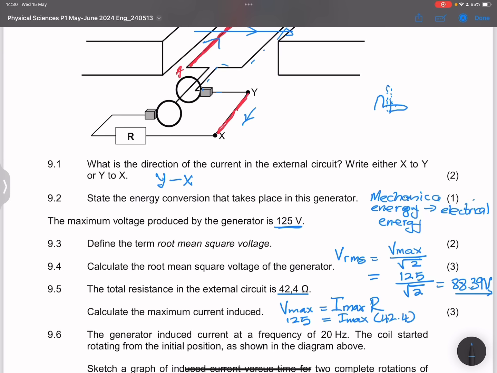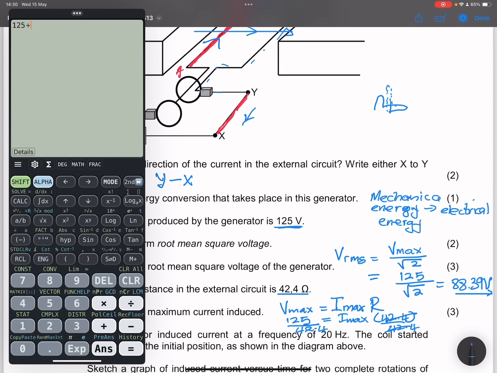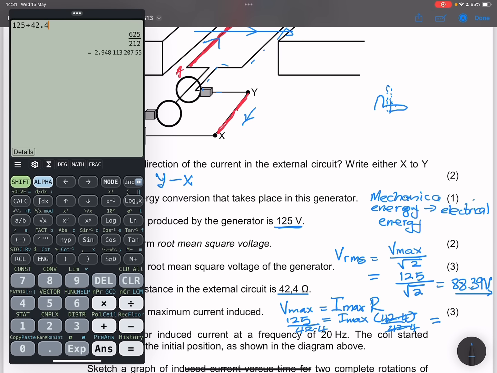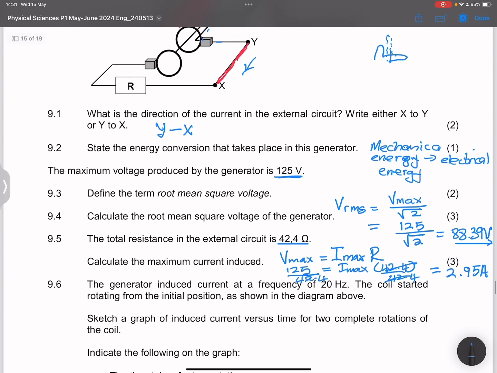If I divide by 42.4 on either side, I get 125 divided by 42.4, which is 2.95. So my Imax value would be 2.95 amperes. I hope that makes sense, guys.